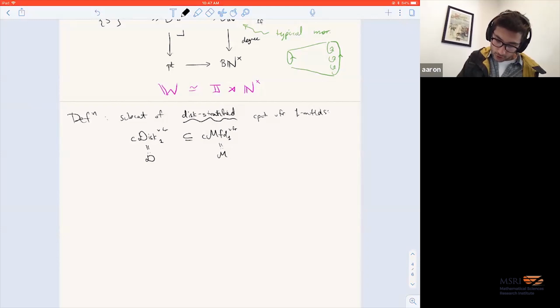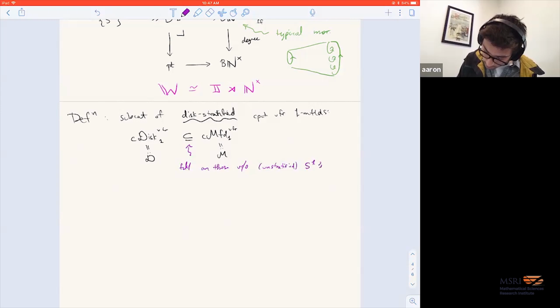So it's just full on those without any unstratified circles. So you're just not allowed to have any smooth circles.